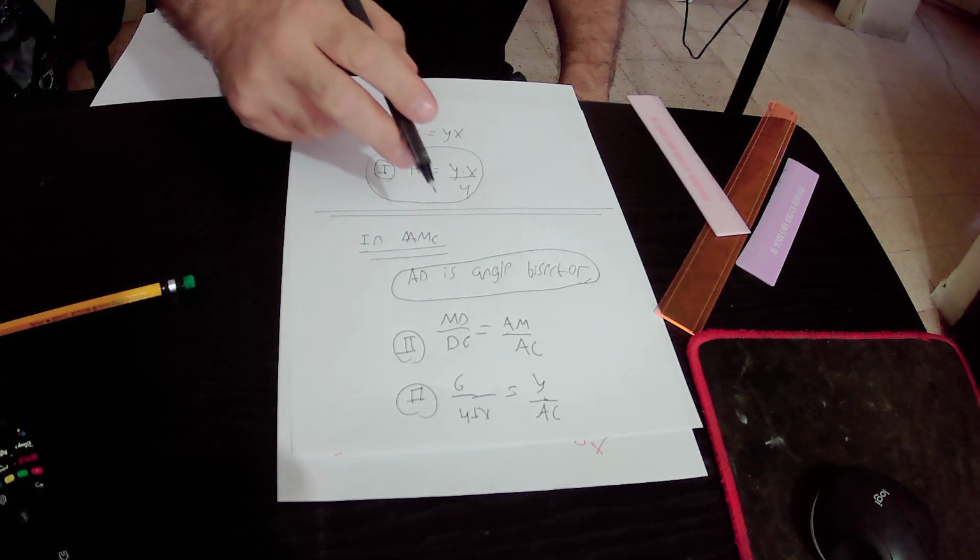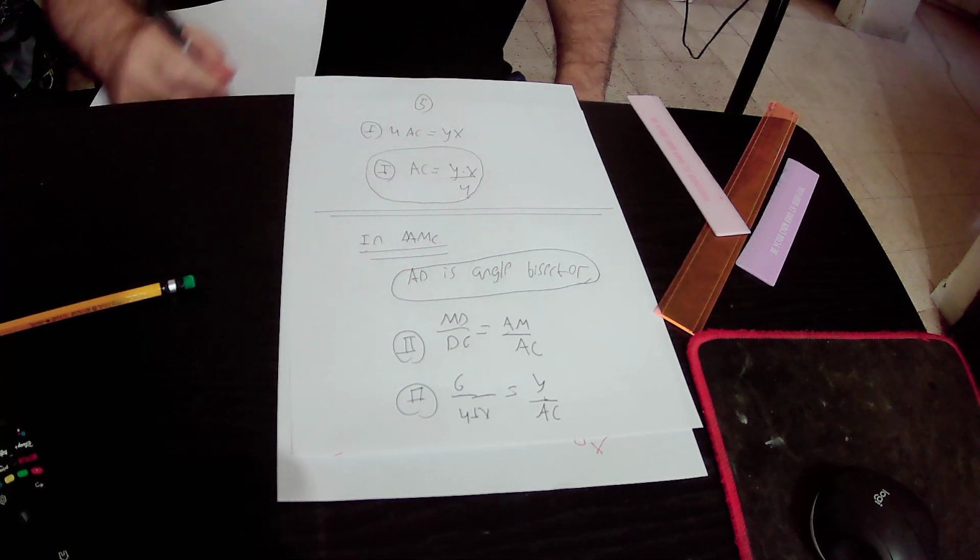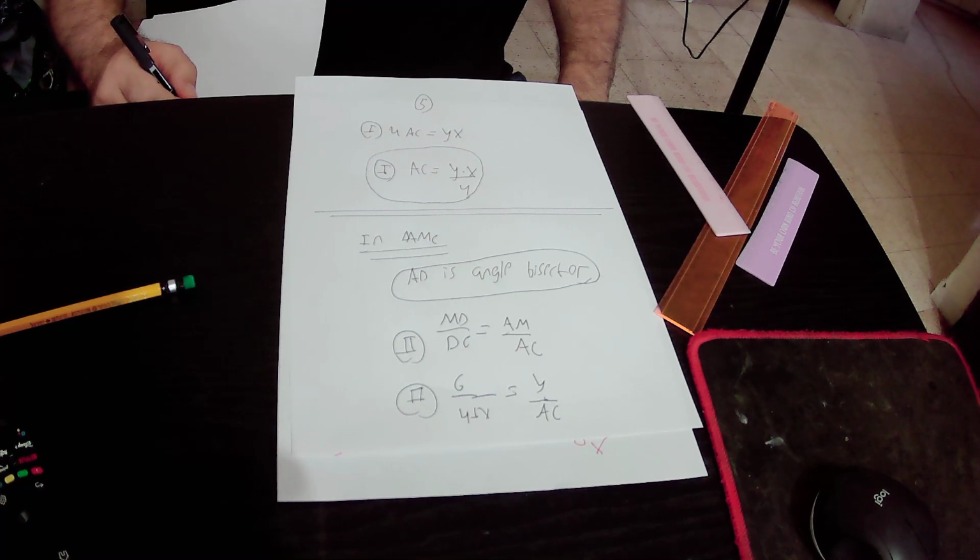So here we will multiply equation number 2 by AC, and we will get that Y equals 6 over 4 plus X times AC.